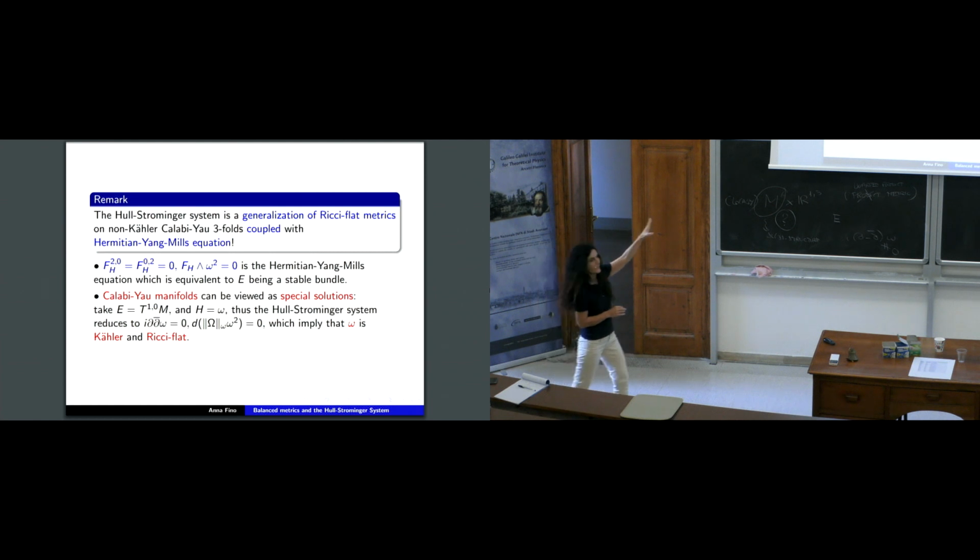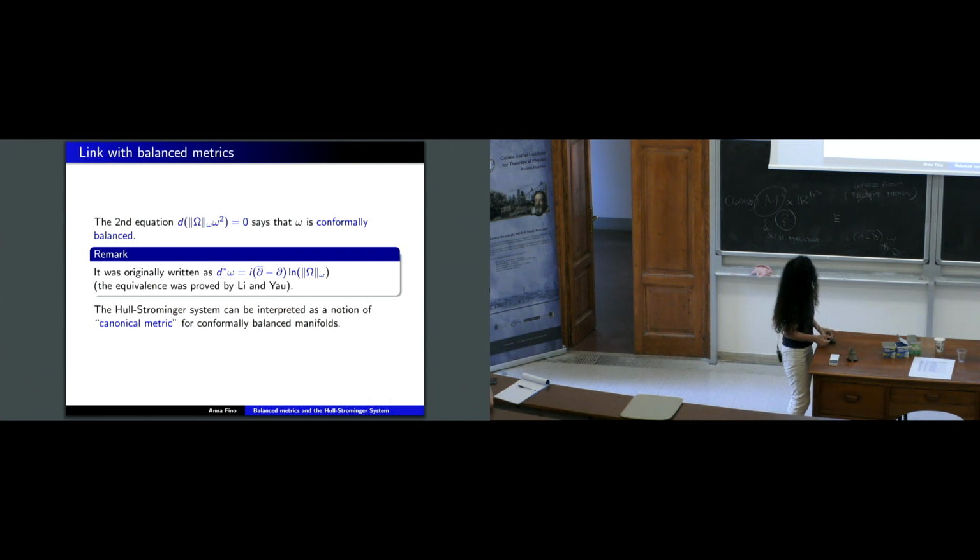You just take E equal to the holomorphic tangent bundle T^{1,0}, and H equal to omega, and then you have everything. So that's nice. This is the link with the balanced condition, as I mentioned. We just ask that with a conformal change, we get a balanced metric. It was Li and Yau who formulated the equation in a different way, originally it was not written in that way.